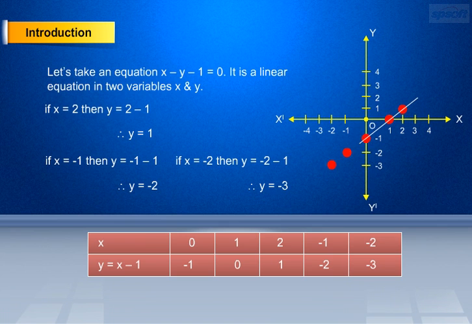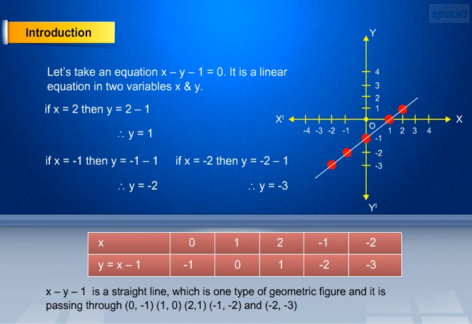Now plot these points in the coordinate plane. x minus y minus 1 equals 0 is a straight line, which is one type of geometric figure, and it is passing through (0, -1), (1, 0), (2, 1), (-1, -2), and (-2, -3). By extending the graph, we can find all x-y values which lie on the line.